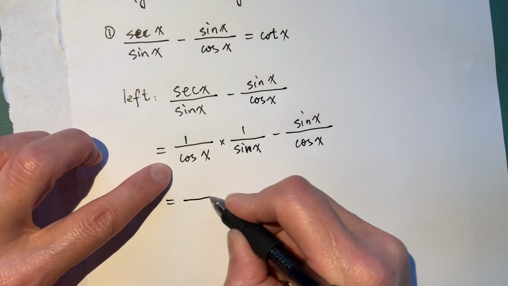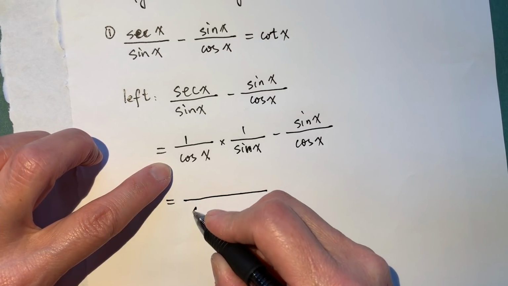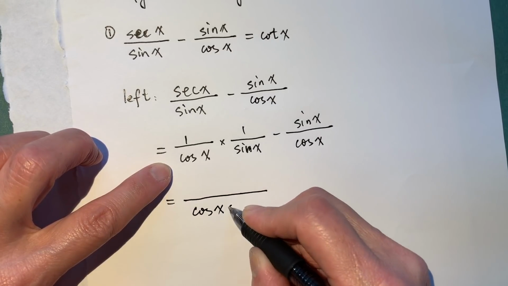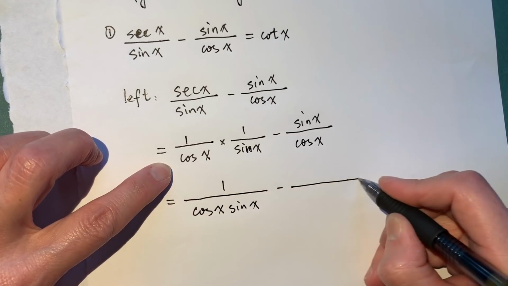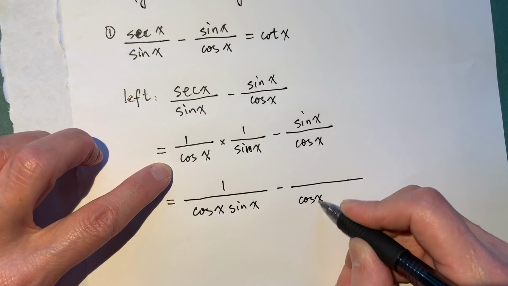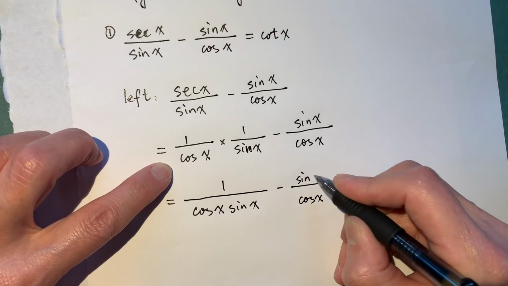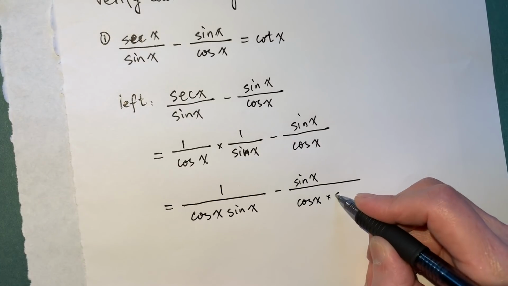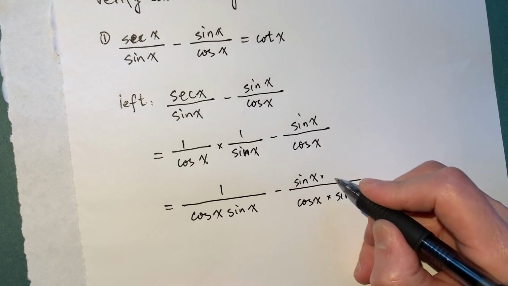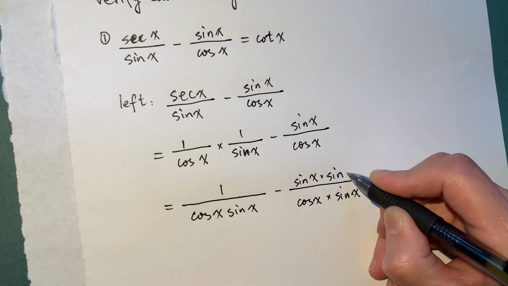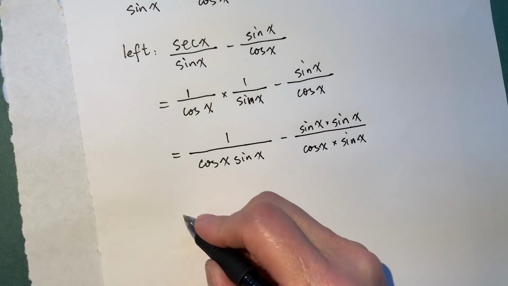Fraction, find the common denominator, cosine x sine x. 1 minus cosine x sine x times sine x. On the bottom, we times sine x. On the top, we need to times sine x.